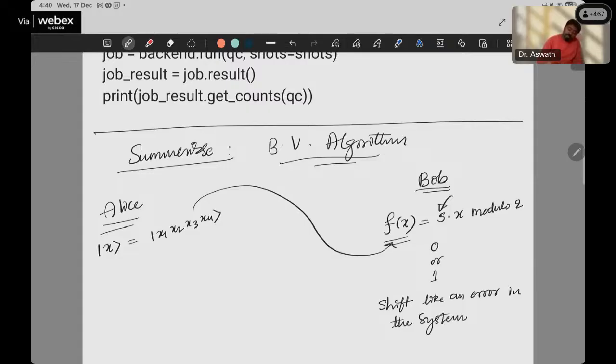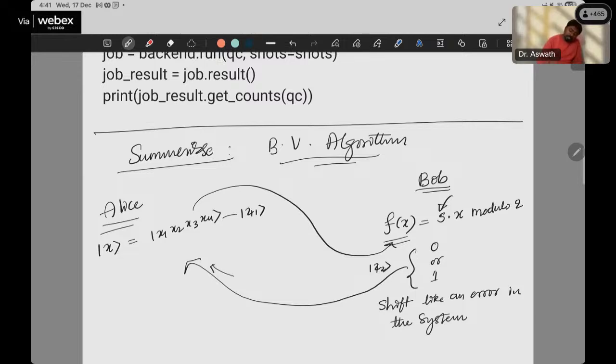Bob feeds that egg, f of x, and he sends the output, whether it's a 0 or 1, back to Alice, just by knowing what is the psi coming out. If this is psi 1 going in, from here I get psi 2.